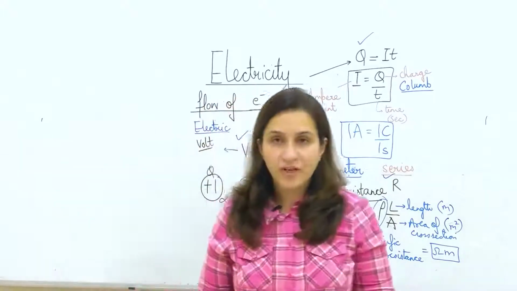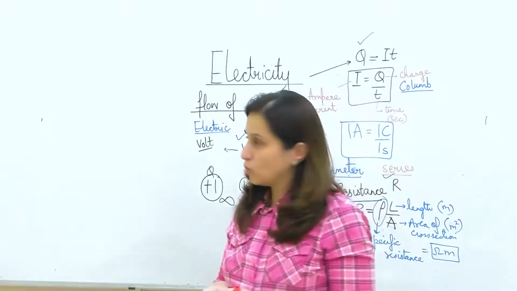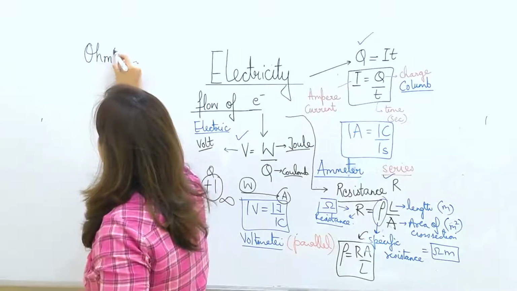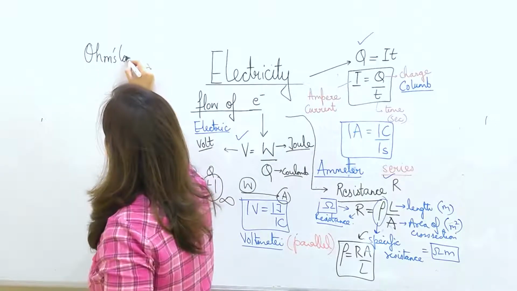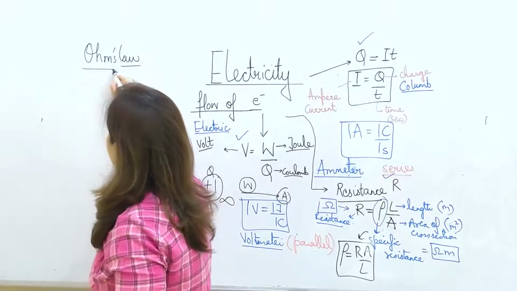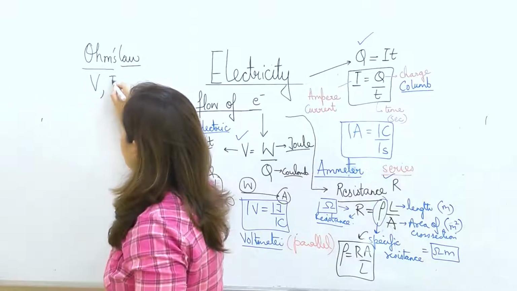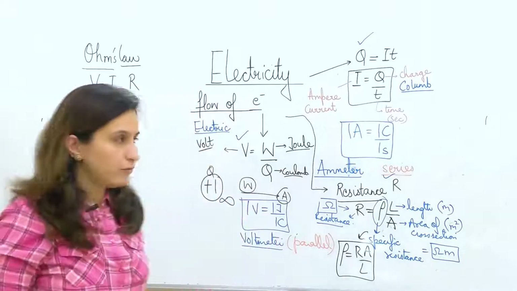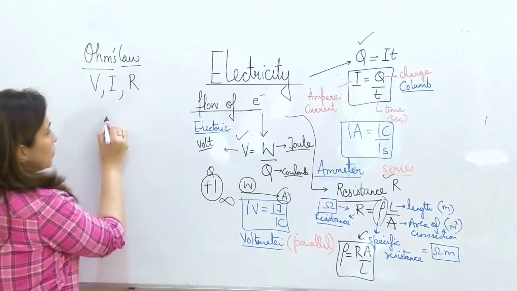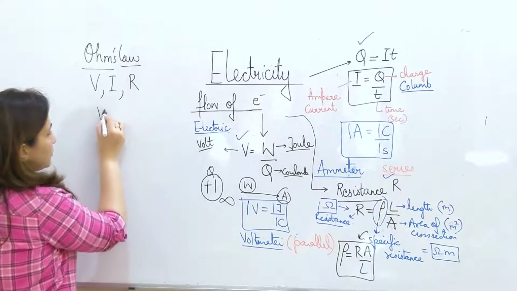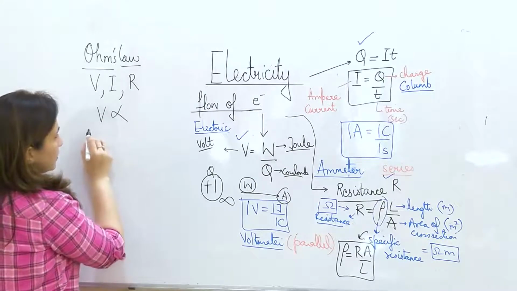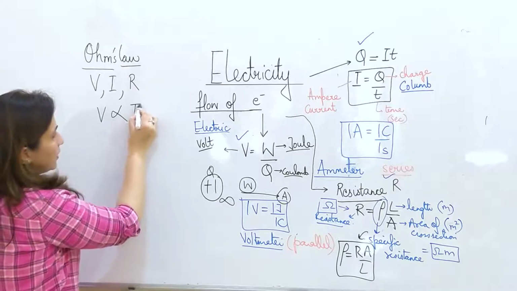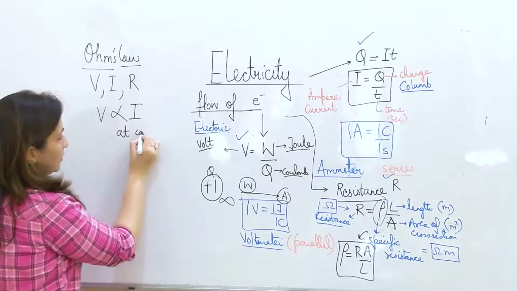Now we are coming to a very important topic, that is Ohm's law. Ohm is again the name of a scientist. He combined all the quantities like V, I and R and found the formula. According to Ohm's law, the potential difference between two ends of a conductor is directly proportional to the current at constant temperature.